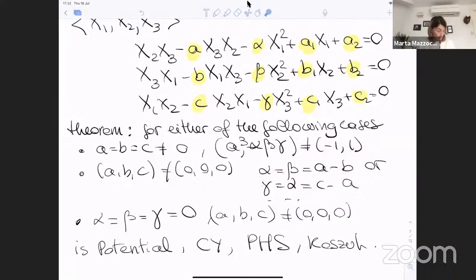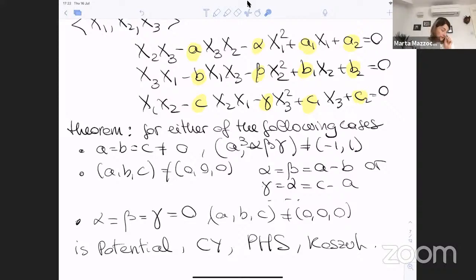Now I don't have much time, but I would like at least to show you a list. What we did was to classify all the cases in which we have some nice algebra, which is Calabi-Yau, and also given that we wanted to have in mind this mirror symmetry picture and these divisors and so on.